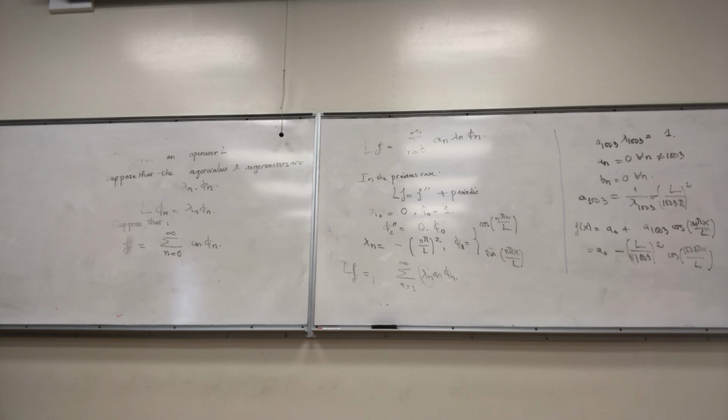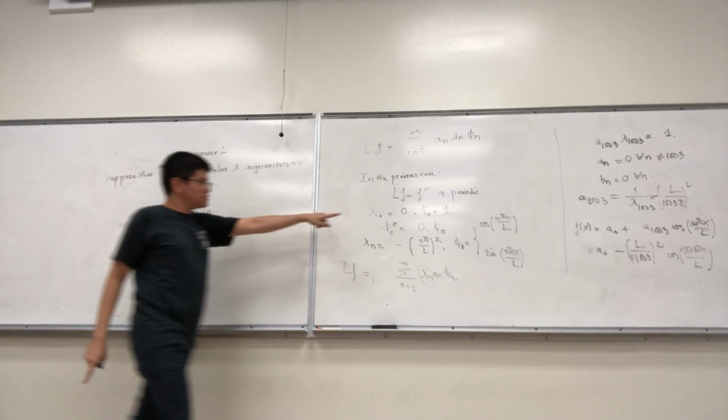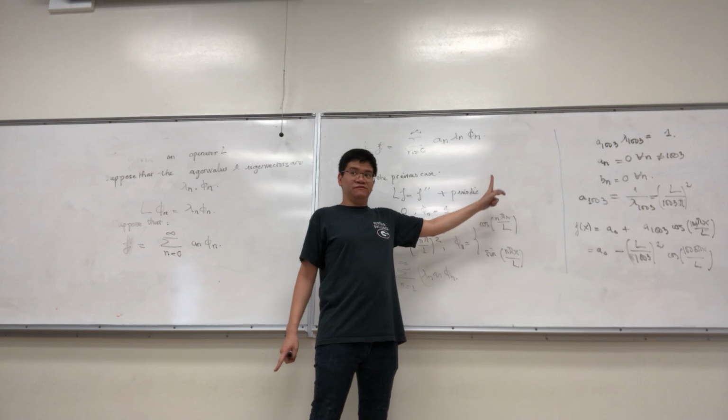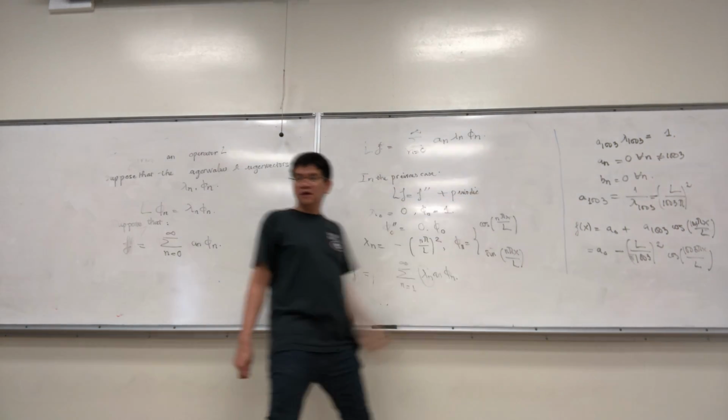It's clear? I explain another time. So if I give you an operator, in the previous case this operator is the second derivative, and I emphasize the fact that the solutions are periodic, because if you are not periodic, you cannot do Fourier transform, Fourier series. All right?